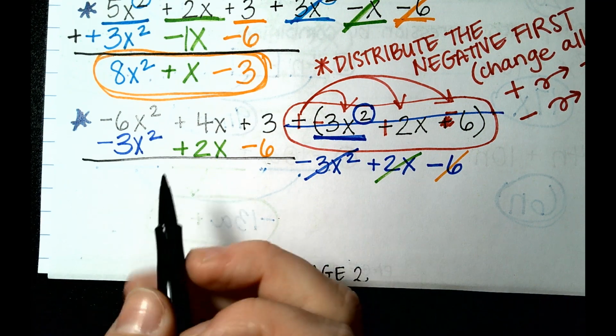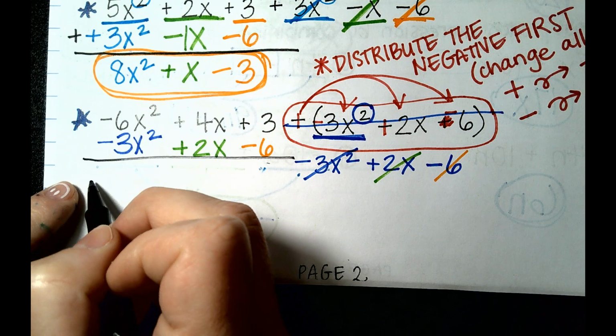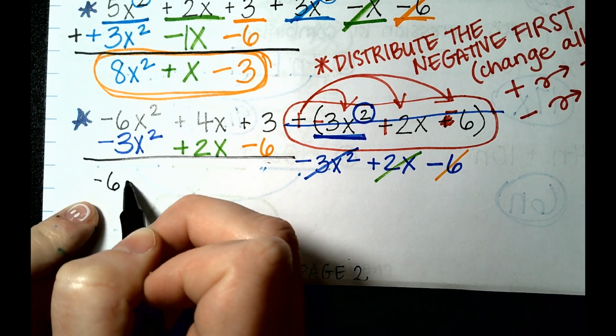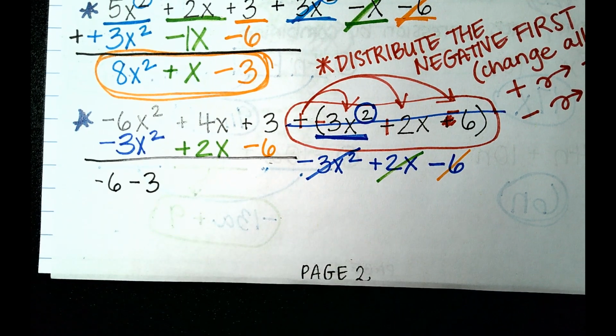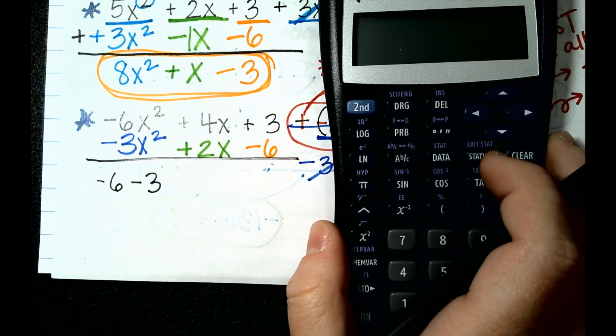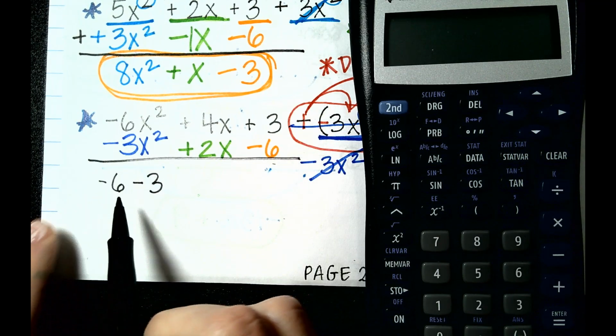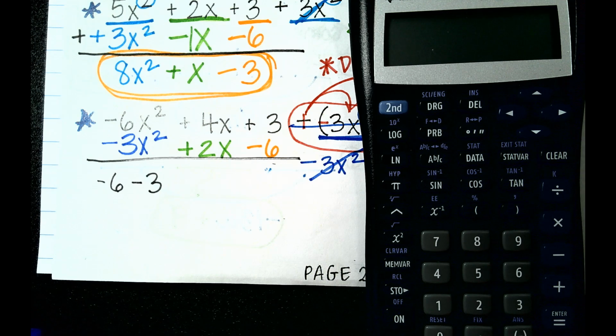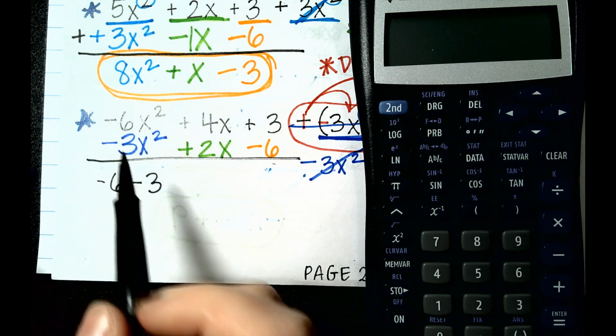What is that? We're not multiplying. It is 9, but what sign? Negative 9.